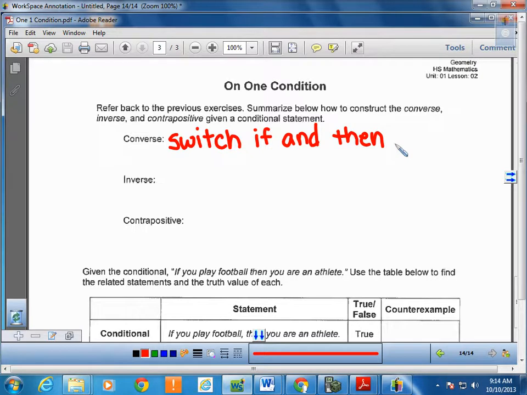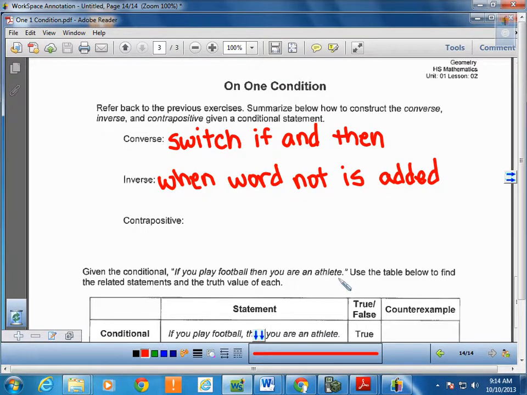To swap that around, you would say if you live in Texas, then you live in the U.S. That's your converse. Inverse is where you add the word not. If you do not live in the U.S., then you do not live in Texas.